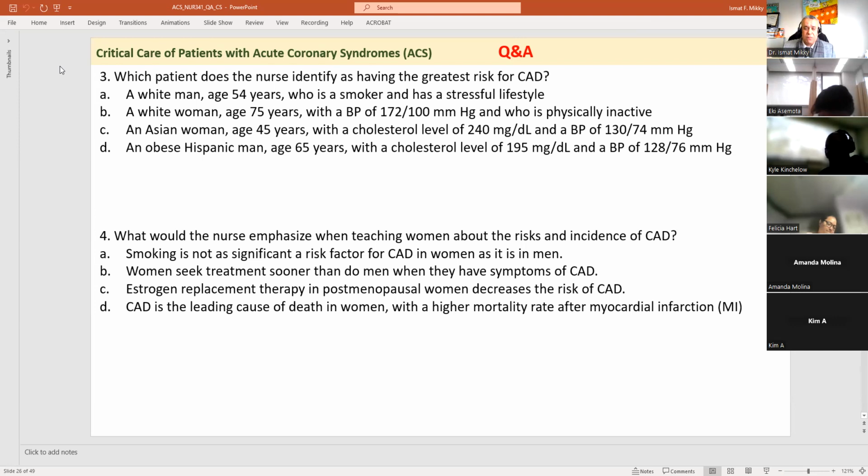It used to be that all postmenopausal women should be on these hormones, but after the Women's Health Initiative and the research which found these kinds of complications, they completely stopped the hormone prescription, which is HRT, hormone replacement therapy. So yeah, D. Now we'll go to number 5.